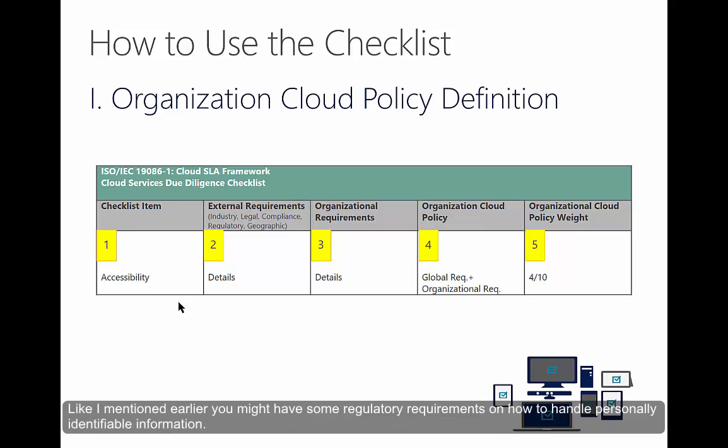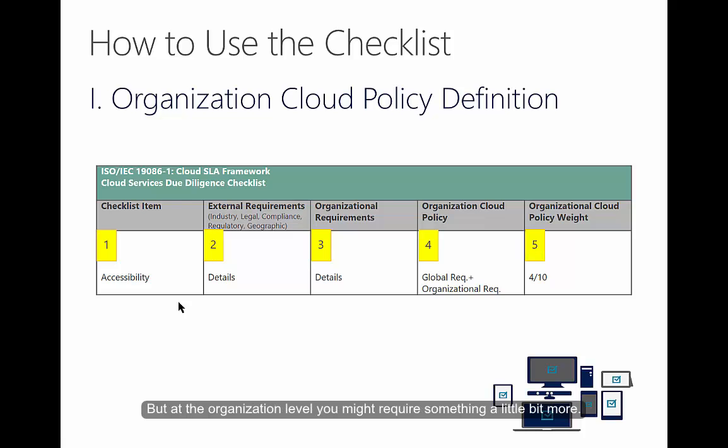Like I mentioned earlier, you might have some regulatory requirements on how to handle personally identifiable information, but at the organization level, you might require something a little bit more, or you have something to spell out in terms of what you expect the providers to do in case of law enforcement requests for access for information. And once you put together column 2 and column 3 here, then you combine them, you basically have the organization cloud policy as to what you require out of the providers at all times.